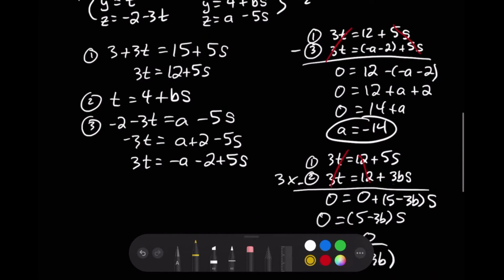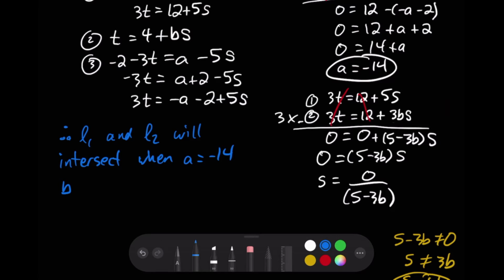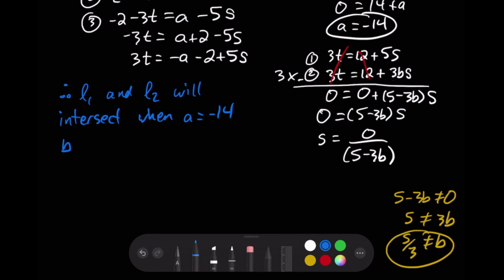Therefore, L1 and L2 will intersect when a equals -14 and b does not equal 5 over 3. Any other value is allowable, so b is an element of the reals. b can be all real values except for 5 over 3.